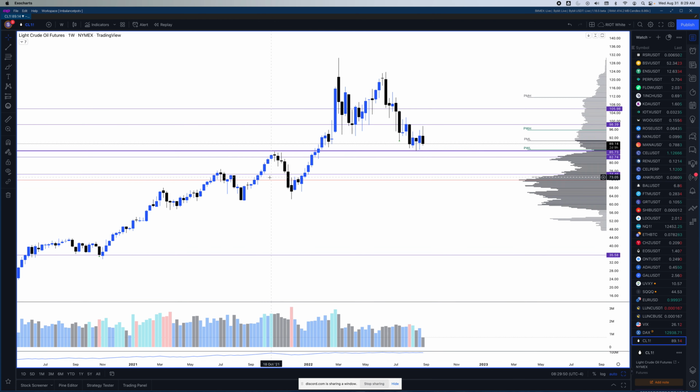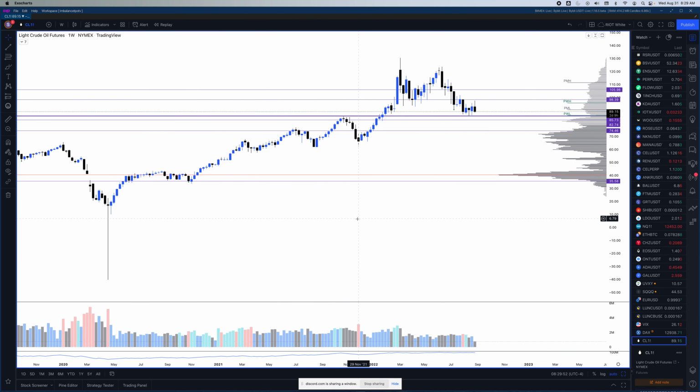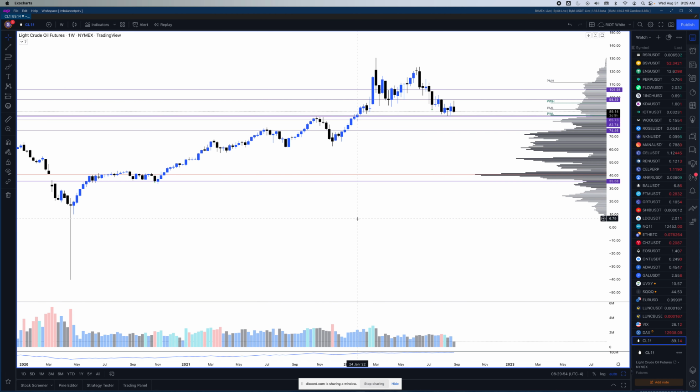So from my point of view, I would see this as mostly consolidation still. I think we shorted up here, and we caught a decent move, but we sold way too early.